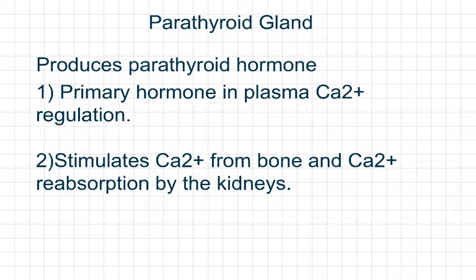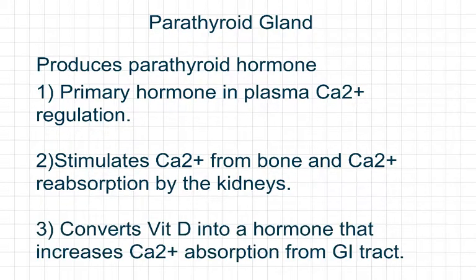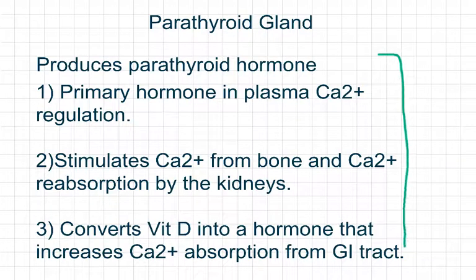Next, we see that it stimulates calcium release from the bones and also calcium reabsorption in the kidneys. And finally, the parathyroid hormone converts vitamin D into a hormone that increases calcium reabsorption from the GI tract. So what we see is the parathyroid hormone is primarily responsible for calcium regulation in the body.